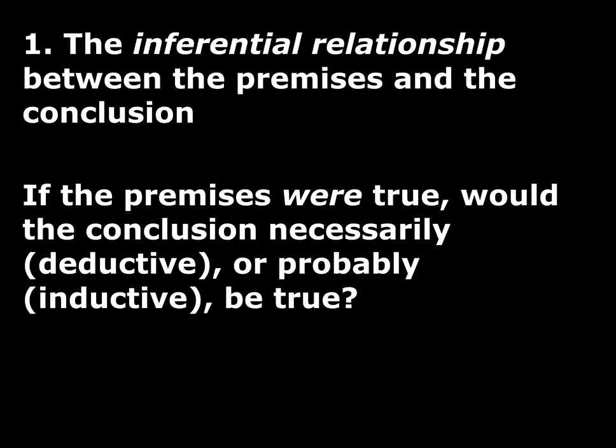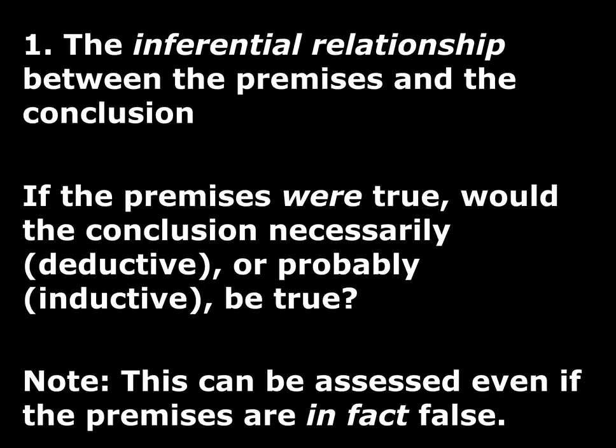So there's really two different questions here. If it's a deductive argument, you ask the question in terms of necessarily. If the premises were true, would the conclusion necessarily be true? That's the question you ask if it's a deductive argument. If it's inductive, you ask if the premises were true, would the conclusion probably be true? But the form of the question is generally the same. You're asking about this relationship between the premises and the conclusion.